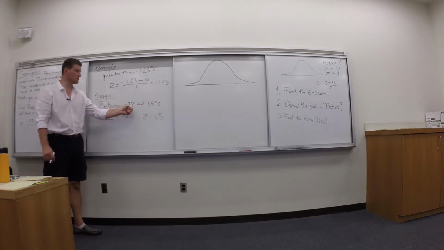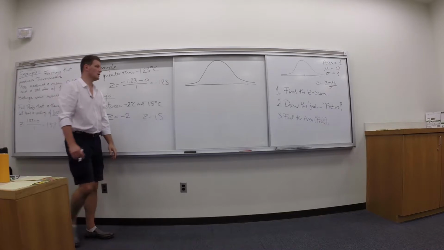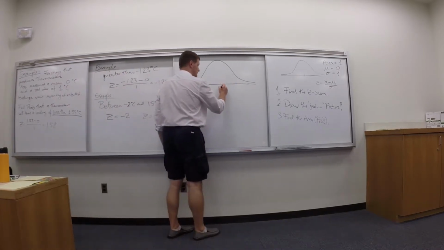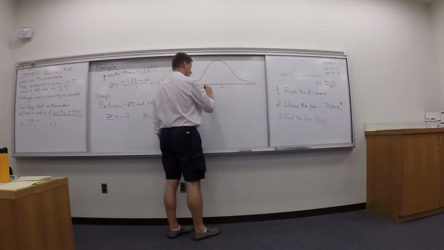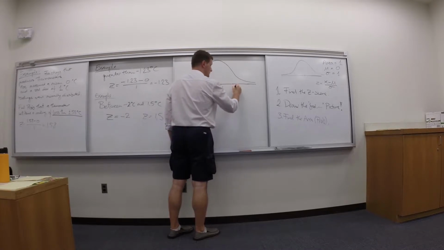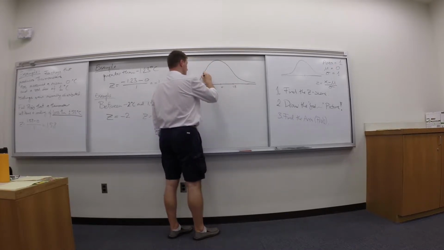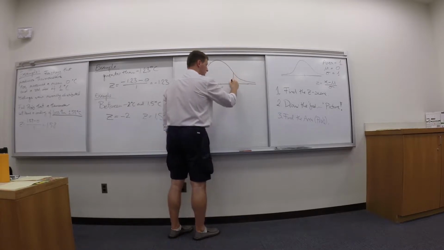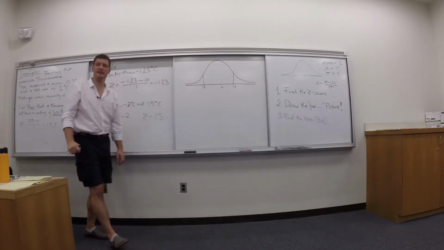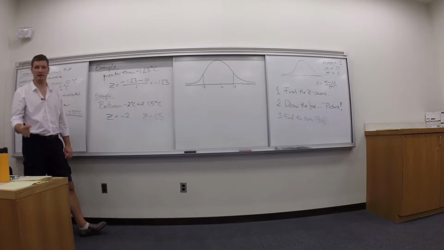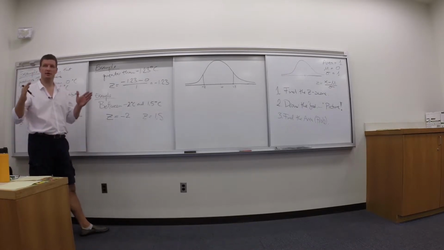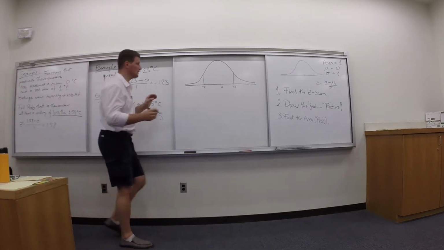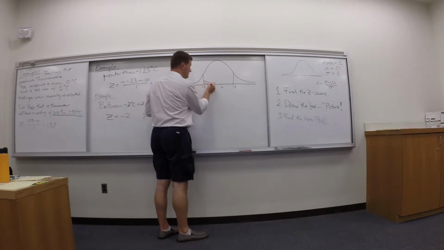Because I'm looking for something between those two. So, say negative 2 here, 1.5 here. Again, I'm not looking for the probability at negative 2 and at 1.5. I'm looking for the area in between. So if I'm looking for the area in between, I'm looking for this space.